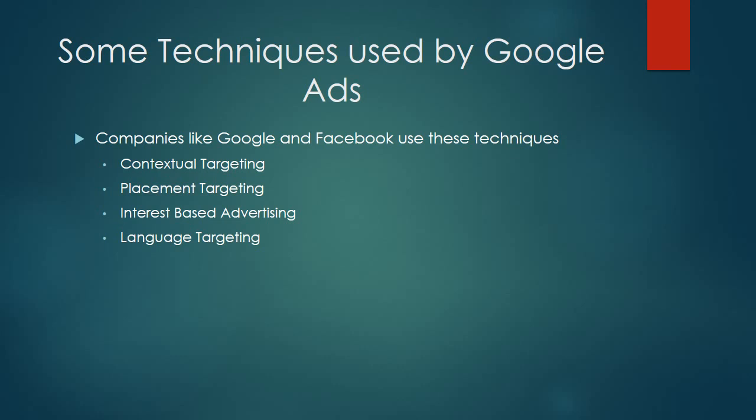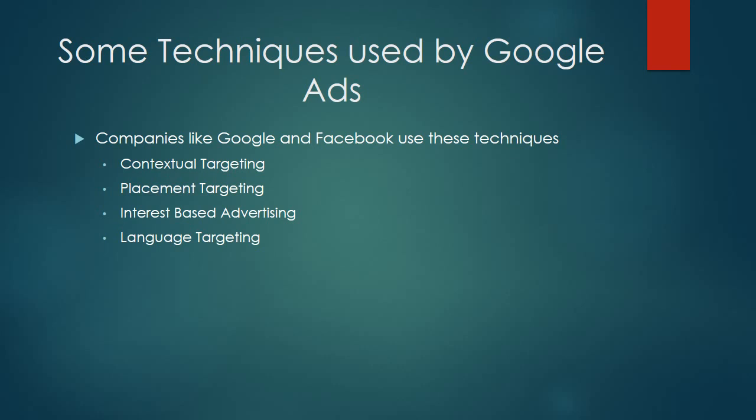Contextual targeting is, let's just say you visited a web page on how to learn to skateboard. On that page, you're going to see the word skateboard used multiple times. That frequency of the word skateboard tells you the main topic of that page is skateboarding. Also, in bold and big letters, you're going to see the title, how to skateboard.